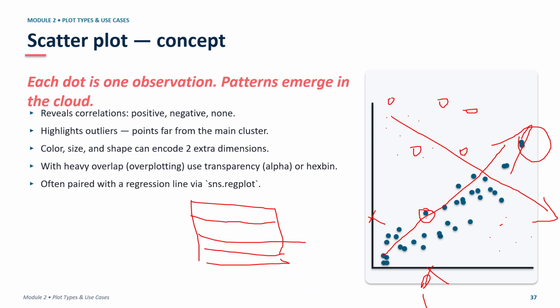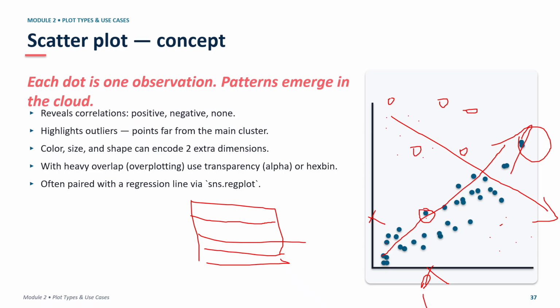You can even encode more information from each and every dot beyond the x and y positions. When you have thousands of data points, or dots overlapping each other, and the chart becomes a solid blob, you can find another solution, like using alpha, or using hexbin, which divides the plot into hexagonal bins and color codes the density.